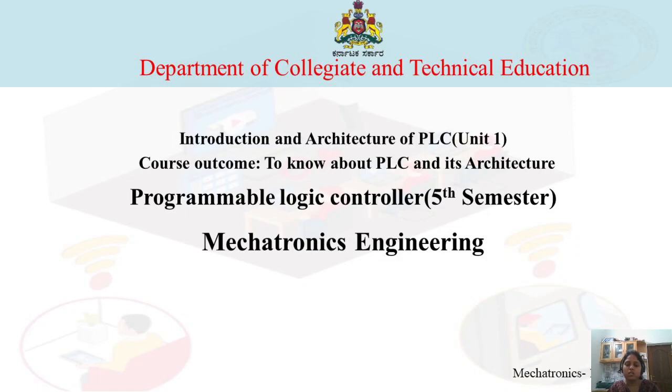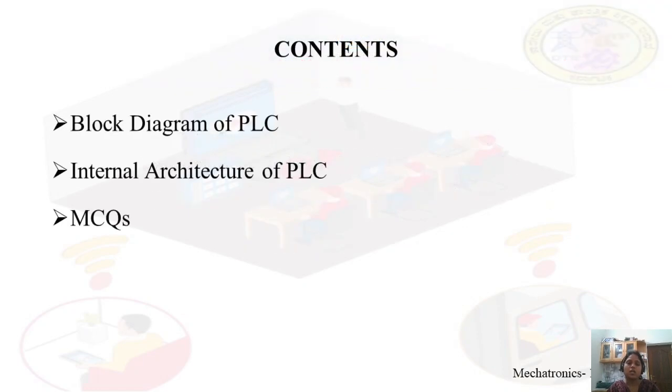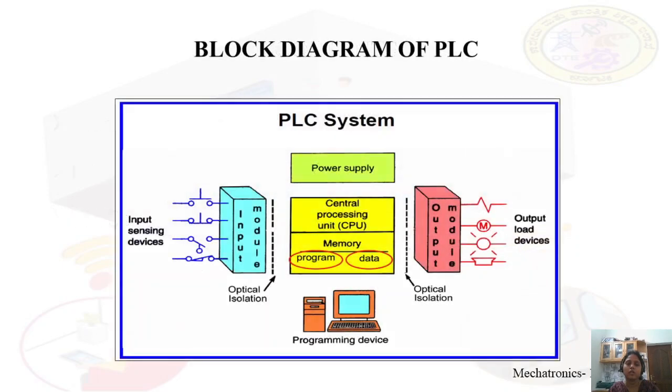Today we will start our lecture with the internal architecture of PLC. Already we have seen the major components; here we will discuss a little bit in detail. This is the block diagram of PLC.